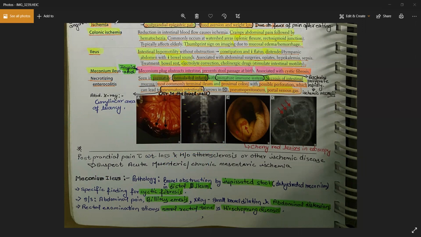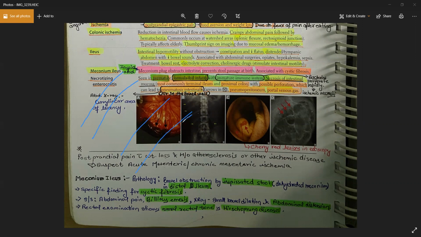Is it air in the bowel wall or the bowel lumen? Bowel wall. Because of the necrosis, the air will leak within the bowel wall. That's why you're seeing two different layers. If I draw that again, this is a normal scenario, and this is the scenario for necrotizing enterocolitis.